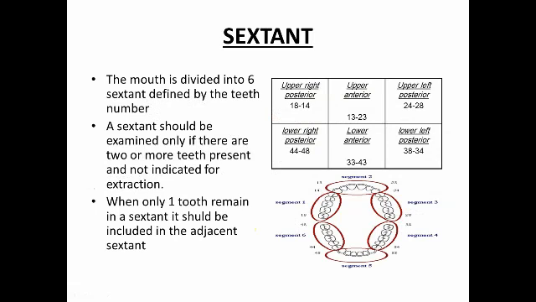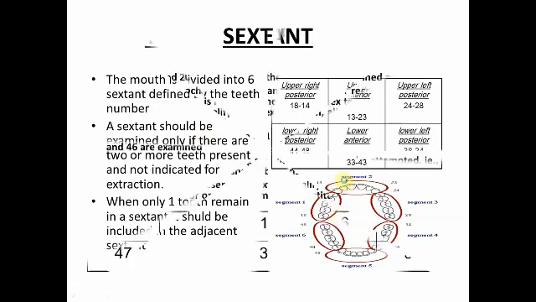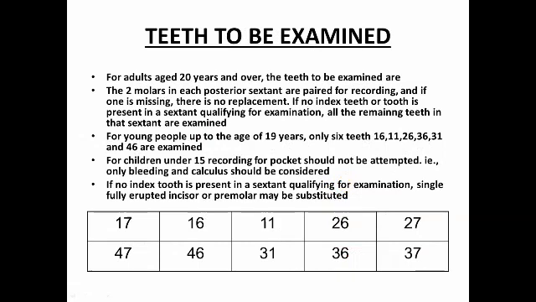We divide the oral cavity into 6 parts, sextants, and we examine each part of these 6 divisions. These are the tooth numbers which will be examined in this CPITN.